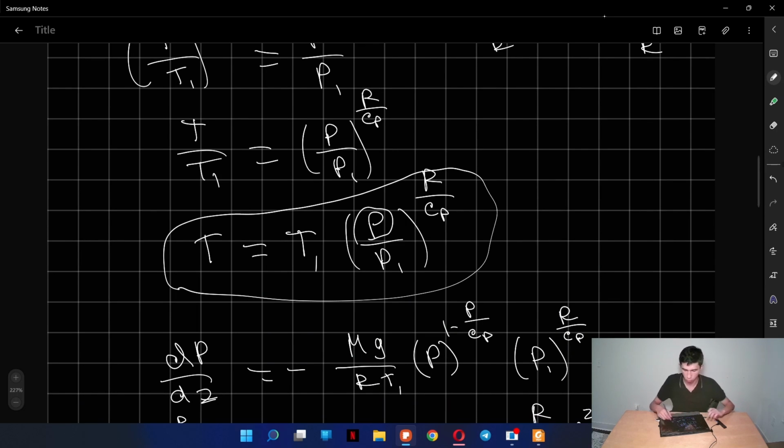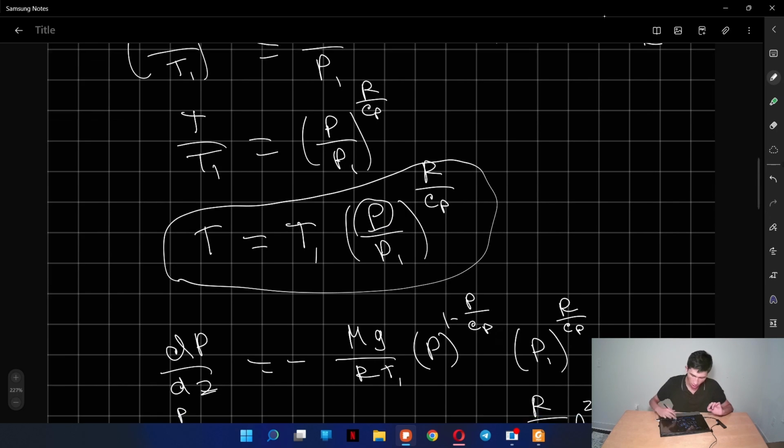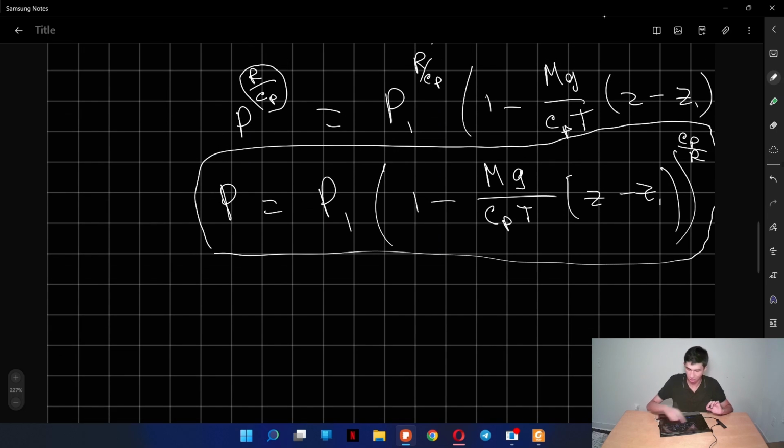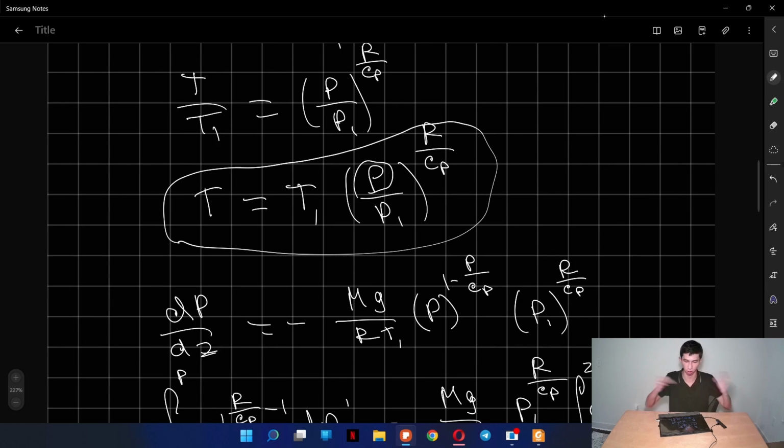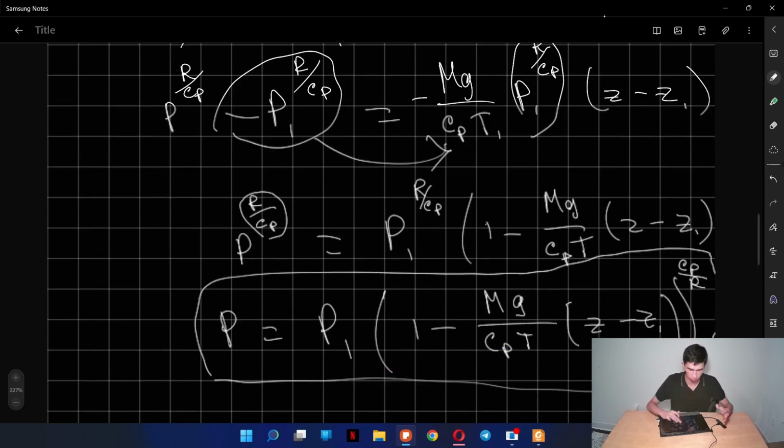So this equation, we already derived it, right? So what I'm gonna do is I'm just gonna replace this pressure by the expression of air pressure as a function of altitude. So I'm just gonna plug in the whole expression instead of P.